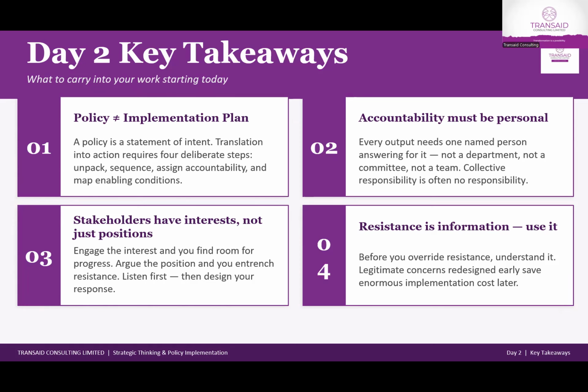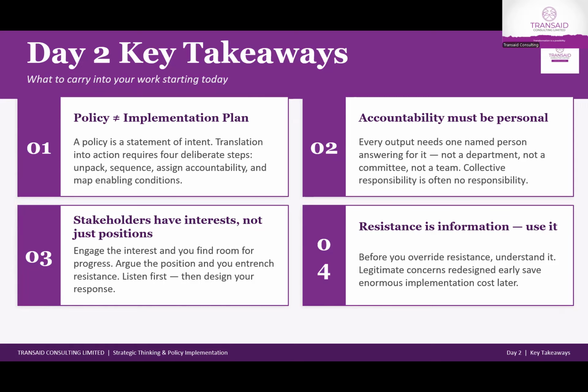Three, stakeholders have interests, not just positions. Engage stakeholders and you find room for progress. Argue the position and you entrench resistance. So what is expected is that you listen first, then design your response.